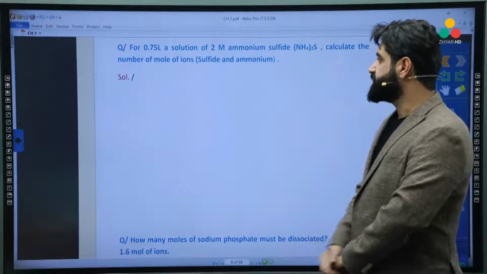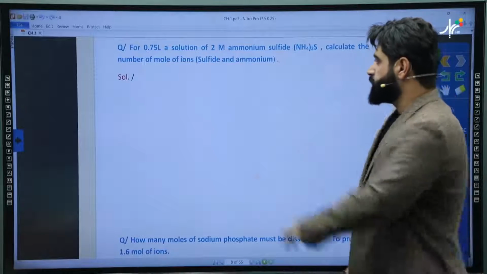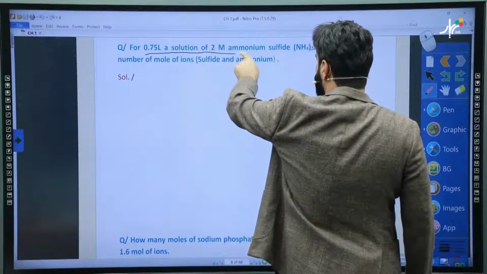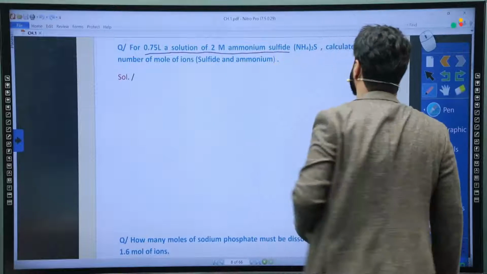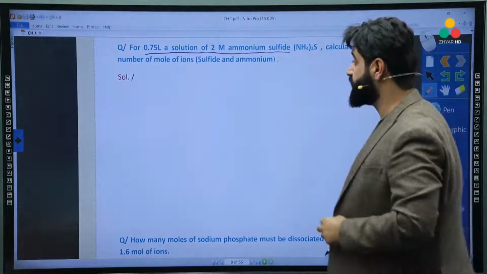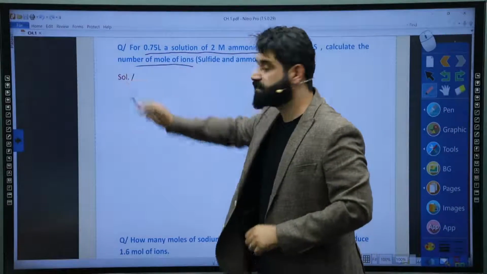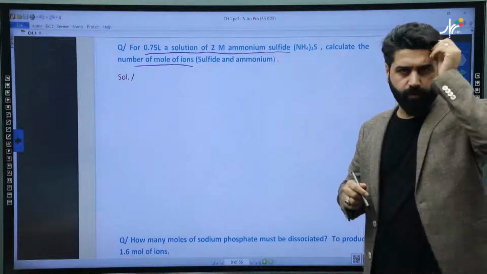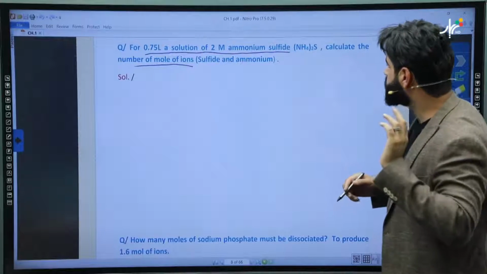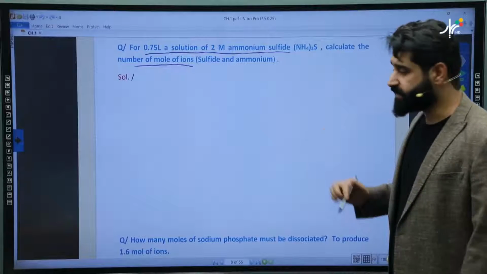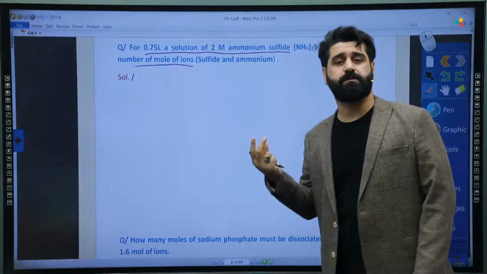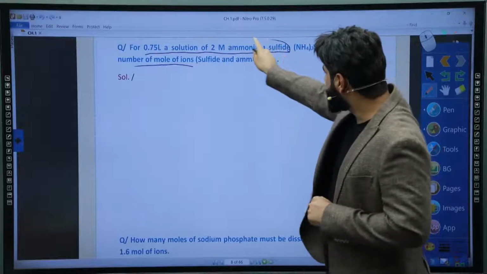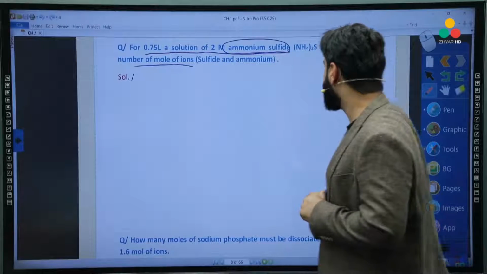For the first semester, we have seen this question exactly for this year. Well, look: for a 0.75 liter solution of 2 molar ammonium sulfide, calculate the number of moles of ions. So we have to write the dissociation reaction for 1 mole as a first step. In order to get the right dissociation reaction, we have to know the formula. Our compound is ammonium sulfide.